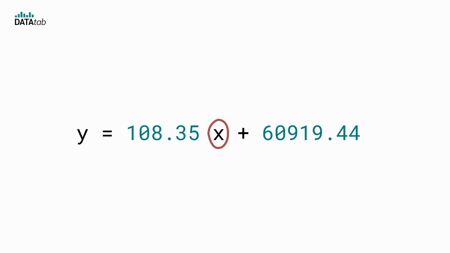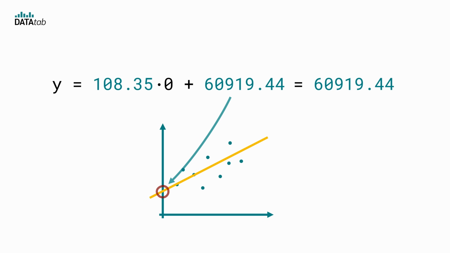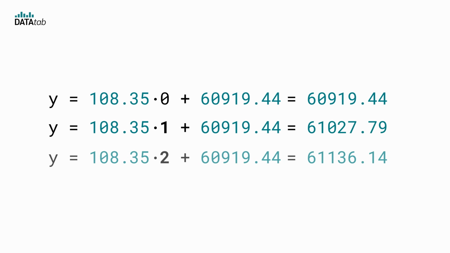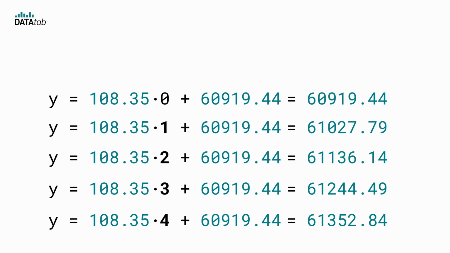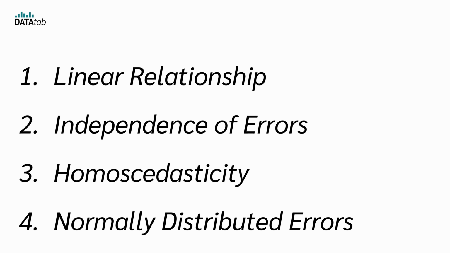If we enter 0 for x, the house size, we get 60,919.44, which is our intercept. If we increase the house size by 1 square foot each time, we get a house price that is $108.35 higher each time.